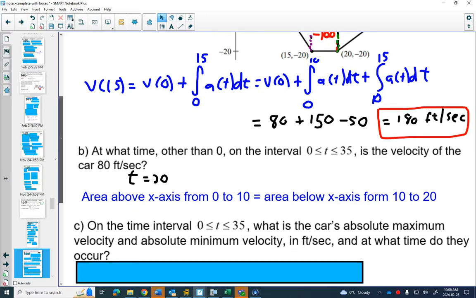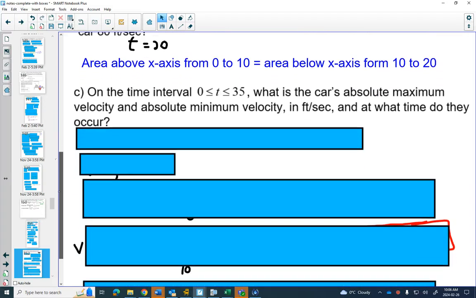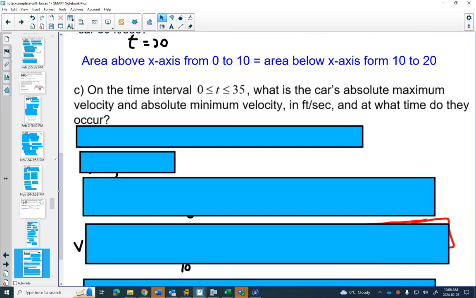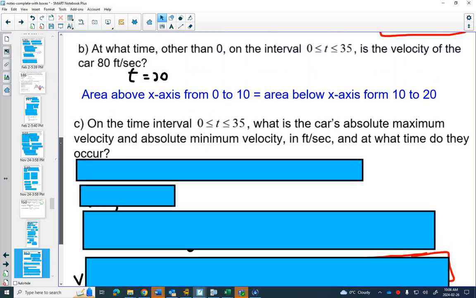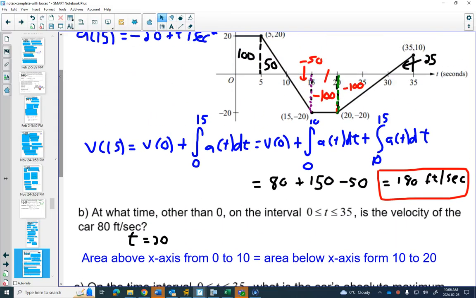So from 0 to 35, we want to find the maximum velocity and the minimum velocity. And at what time do they occur? Okay, so if we're using accumulation, can you see that we're at 80, we went up to 230, now we're subtracting again.